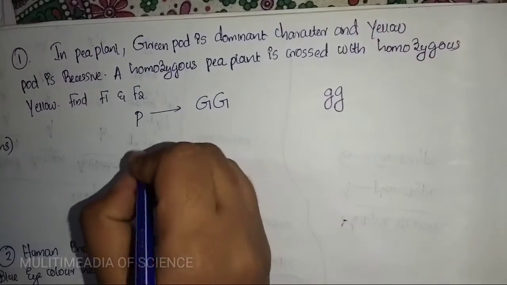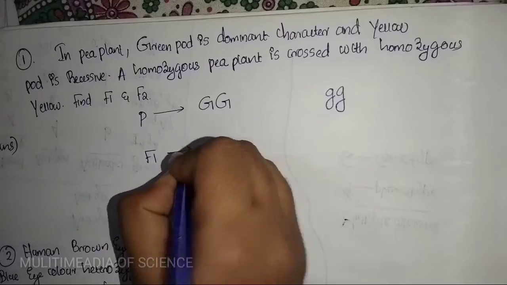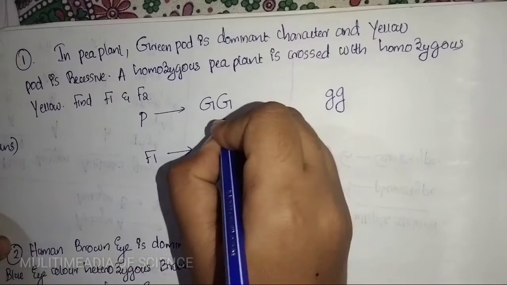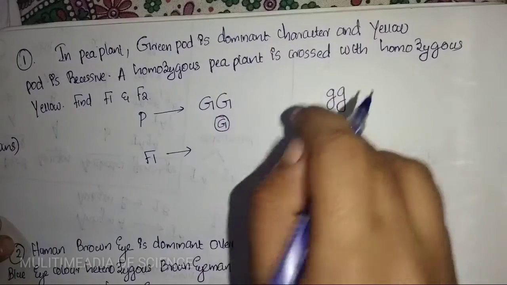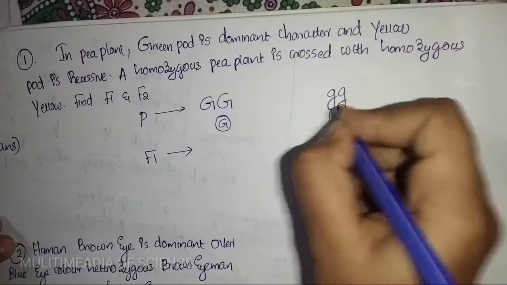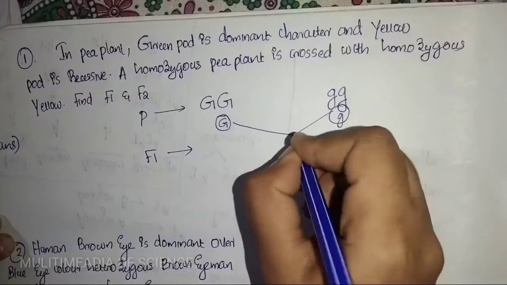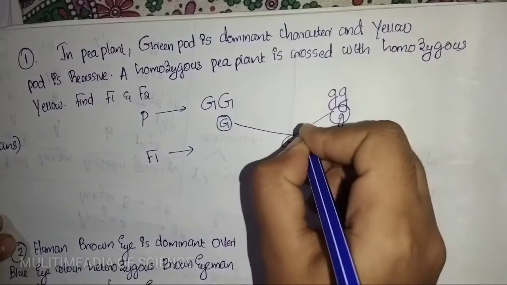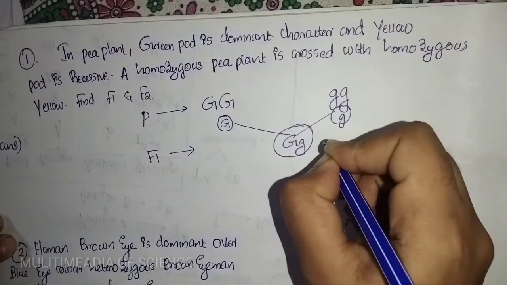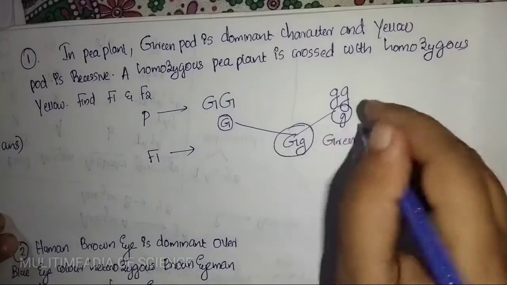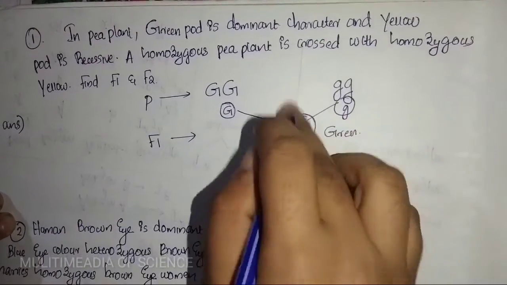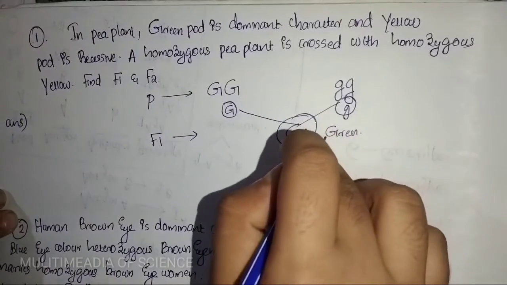Clear? Then in the F1 generation, what is happening? The capital G gamete from this and the small g gamete from this meet and form capital G, small g, which indicates green color. It is due to the dominance of this capital G over this small g.